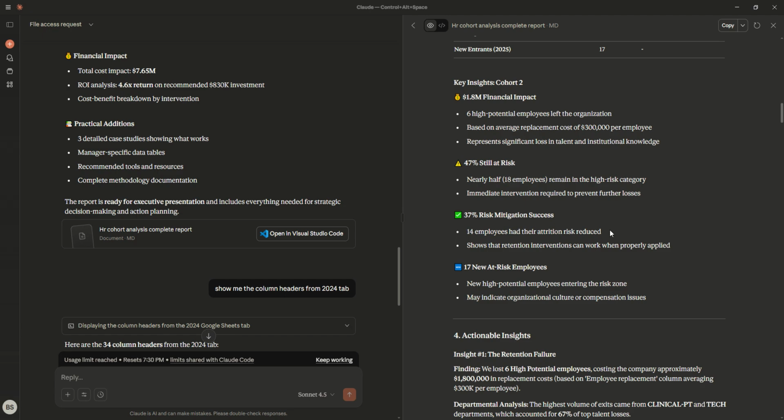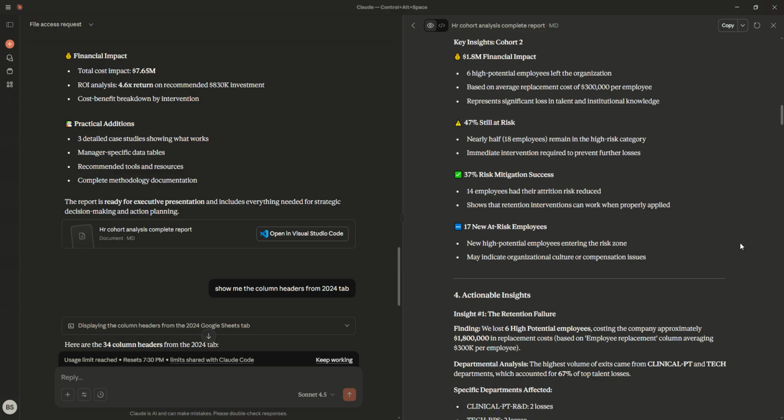Here are the key insights from cohort 2. 1.8 million financial impact: 6 high potential employees left the organization. Based on an average replacement cost of $300,000 per employee, this represents a significant loss in talent and institutional knowledge. 47% skills at risk: nearly half, 18 employees, remain in the high risk category.